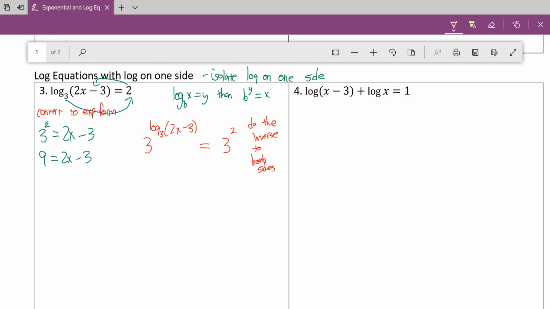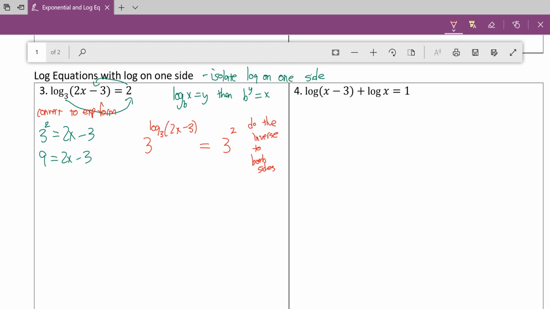Because 3 to the power of log base 3 of something is just going to equal that something, 2x minus 3. Just like in the warm-up the other day, we had 5 to the log base 5 of 126, and that equals 126, because you're raising a base to the power of a log with the same base. So that's the whole definition of log. They're inverses of exponentials.